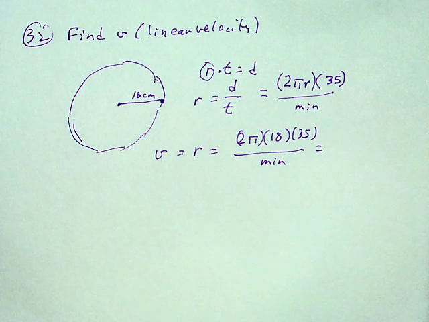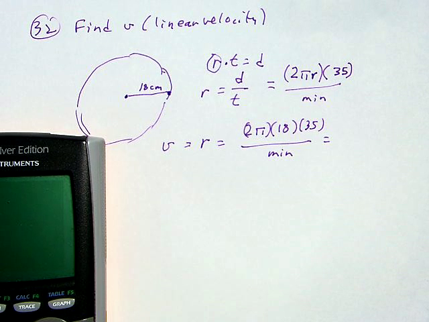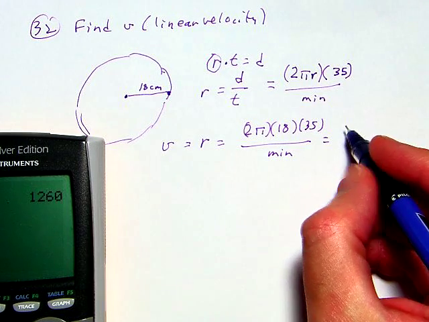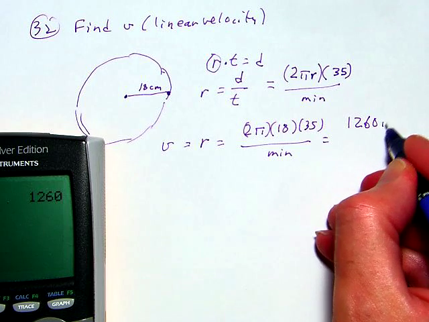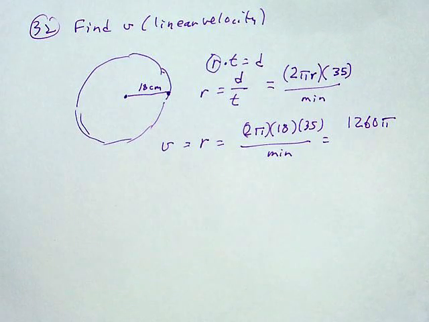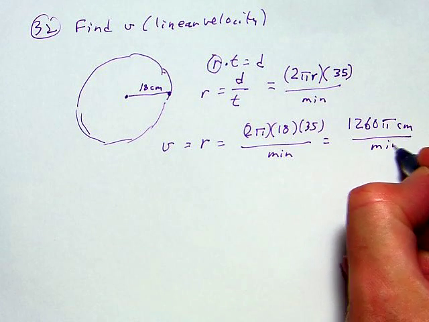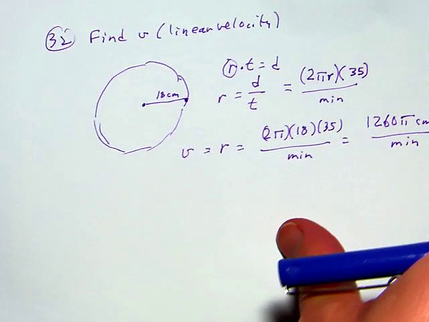We've got 2 times 18 times 35, and altogether that gives us 1260 pi. What is our unit of distance? It's centimeters. And our time is per minute. So the answer for 32 is 1260 pi centimeters per minute. And now let's go on to problem 35.